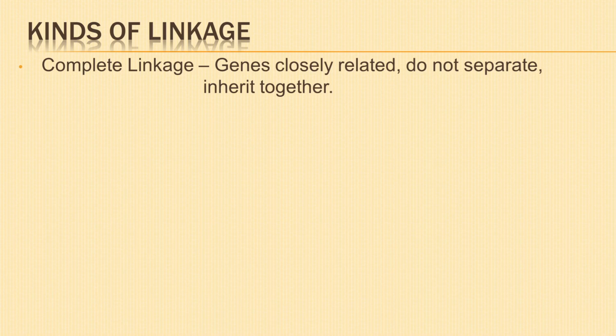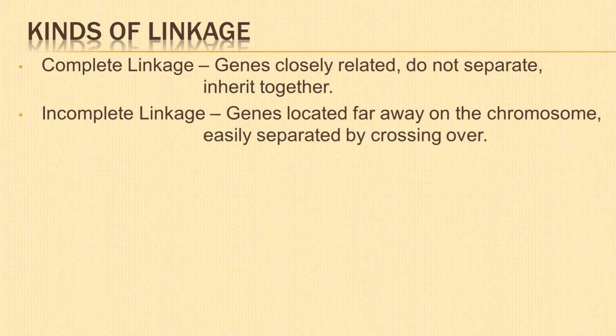Example, the genes for bent wing and shaven bristles of the fourth chromosome mutant of Drosophila melanogaster exhibit complete linkage. Incomplete linkage. The incompletely linked genes are located far away on the chromosomes and can easily separate by crossing over. This phenomenon is known as incomplete linkage.